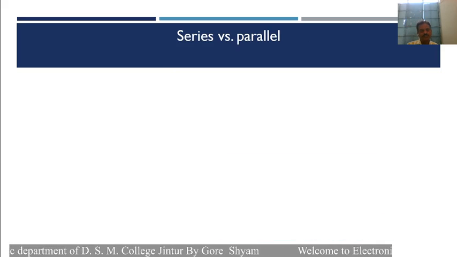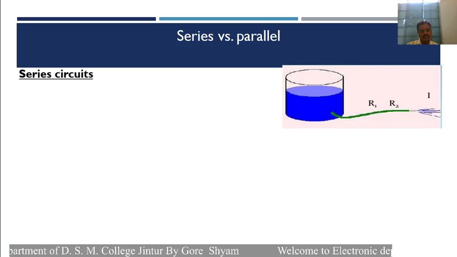Okay. So, the series circuit is like this. It has only one line, and in between this line there may be a number of resistances.